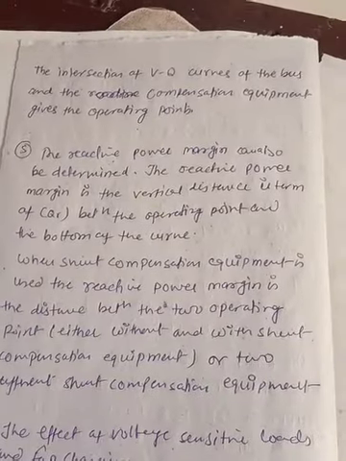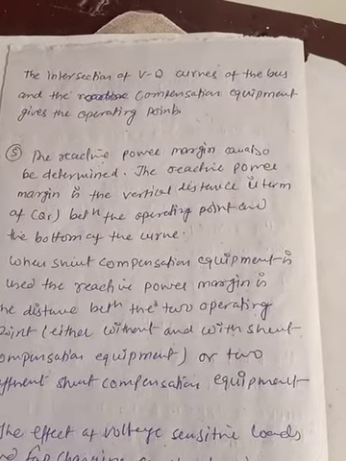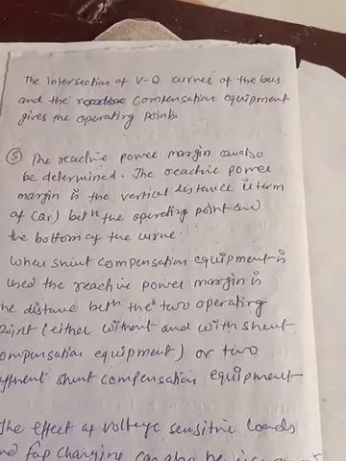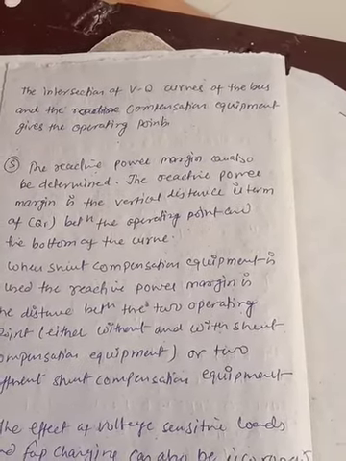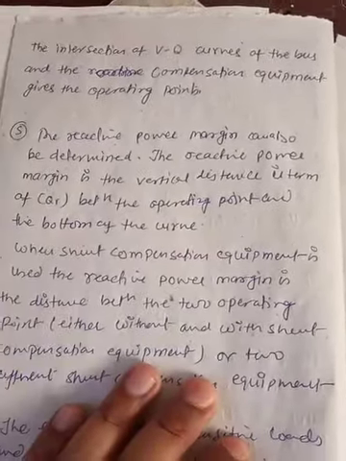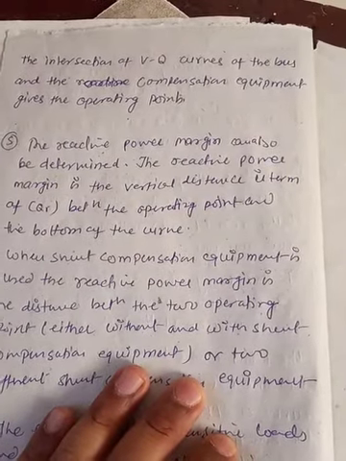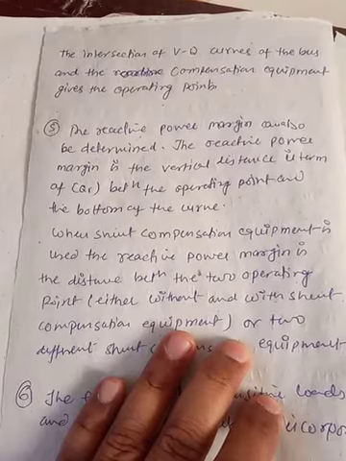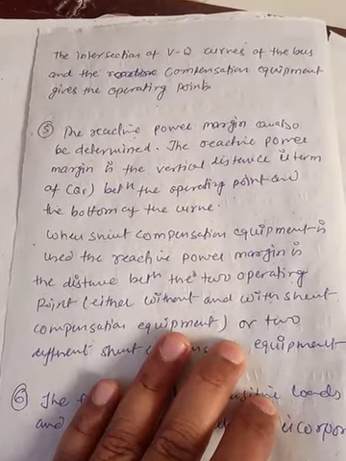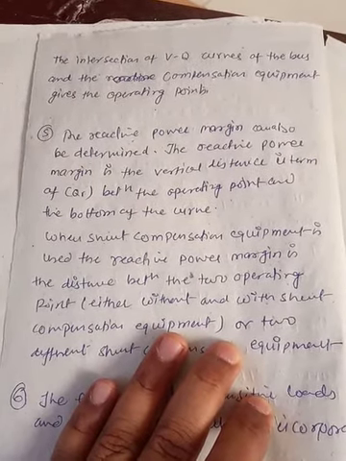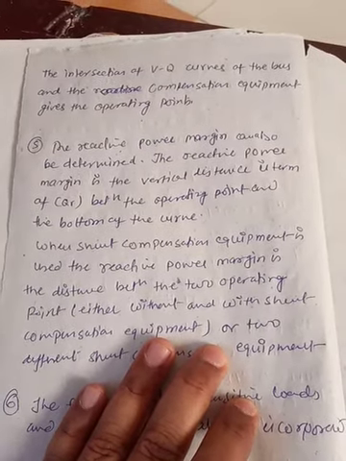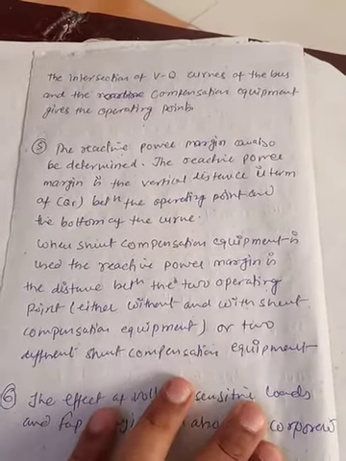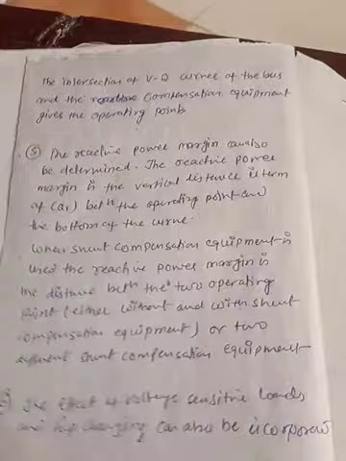Another benefit is that the reactive power margin can also be determined. The reactive power margin is the vertical distance in terms of Q between the operating point and the bottom of the curve. When shunt compensation equipment is used, the reactive power margin is the distance between two operating points, either with and without shunt compensation, or two different shunt compensation equipment.